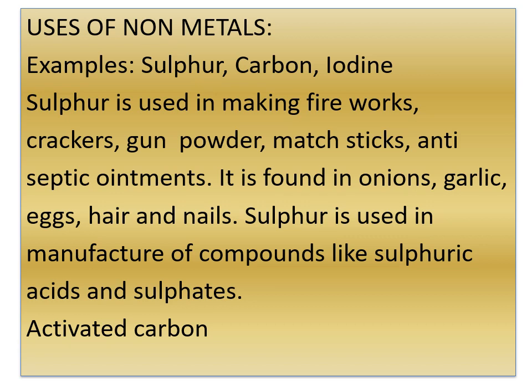Not only that, we can find sulfur in onions, garlic, eggs, hair, and nails. Sulfur is used in the manufacture of compounds like sulfuric acid and sulfates. I hope you know the formula for sulfuric acid is H2SO4. In that, S indicates sulfur. Sulfates means SO4. In that also, S indicates sulfur.